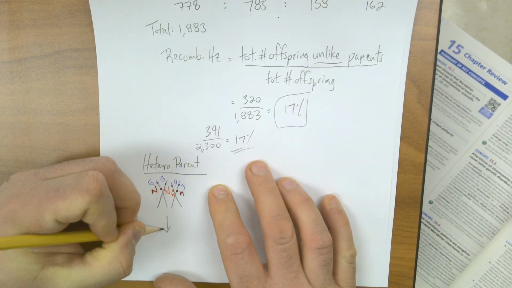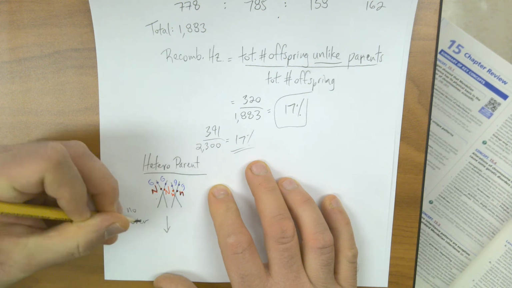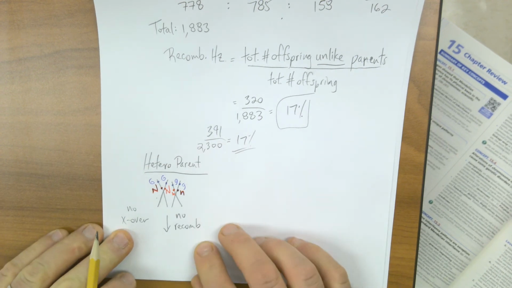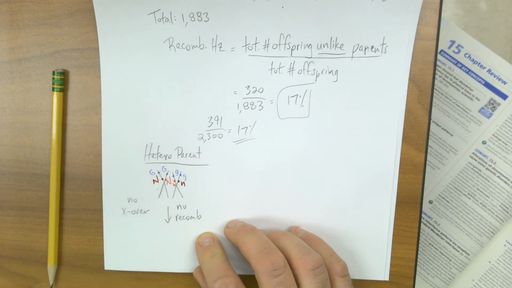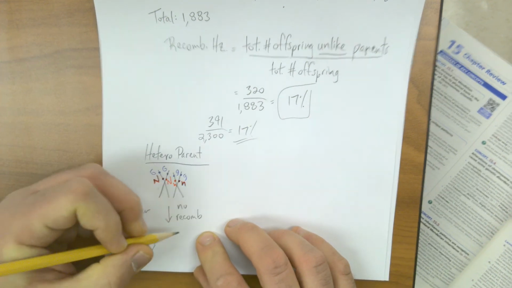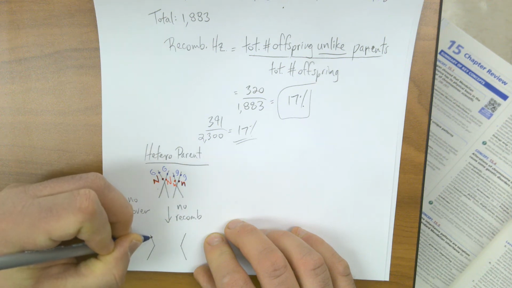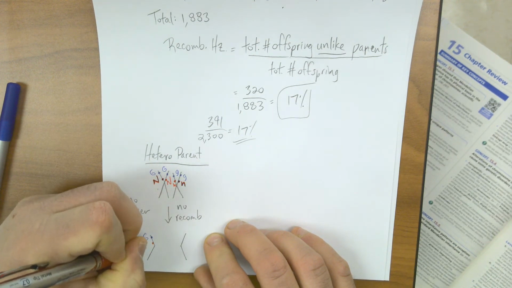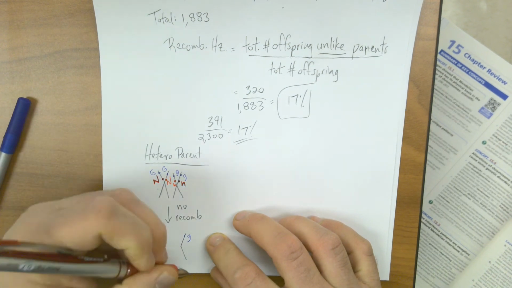Now, if you have no crossing over and no recombination, then the offspring that result from this are going to get gametes that are either dominant for both traits or recessive for both traits.